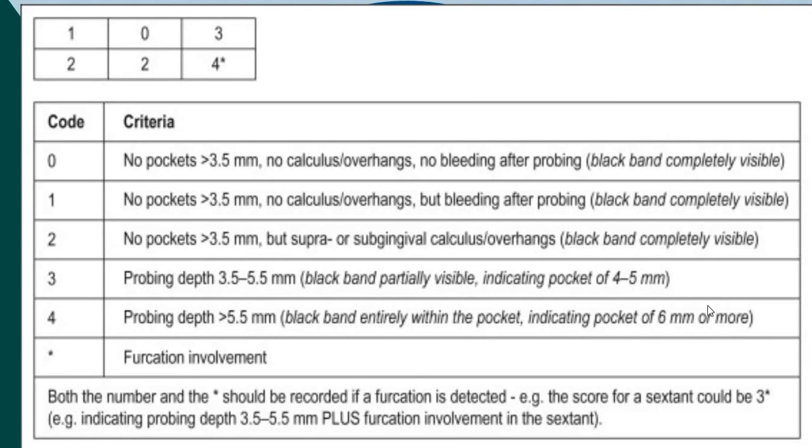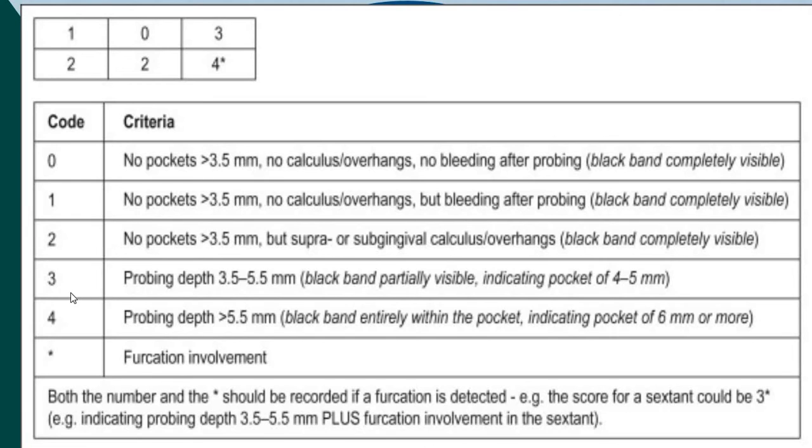This roughly indicates a pocket of 6 millimeter or more. Here the treatment is motivation, oral hygiene instructions, scaling and polishing, plus root planing, plus surgical interventions, because when you have a score 4, you have an extensive progression of periodontal disease.